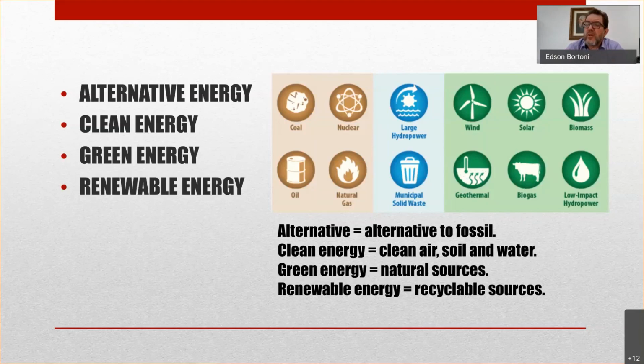Well, we have the nuclear waste that dirties the water, air, and the soil. So it's not a clean energy at all, but it is alternative energy. Green energy is that kind of energy that comes from natural resources.